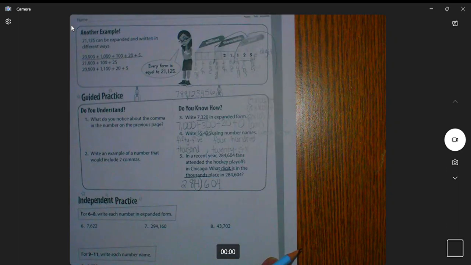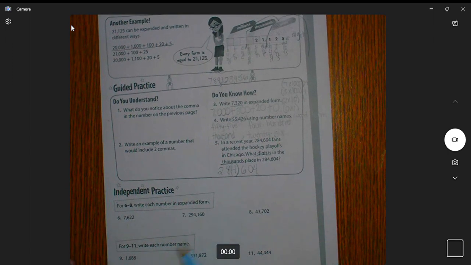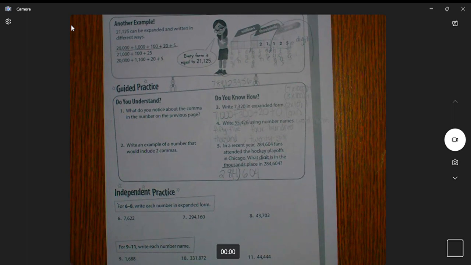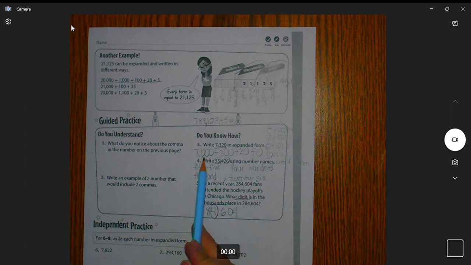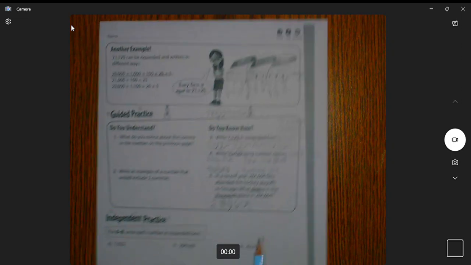Let's practice. I want you to help me solve 7,622 in expanded form. It means we're going to break it down into its individual place values. Think you can help me? Awesome.